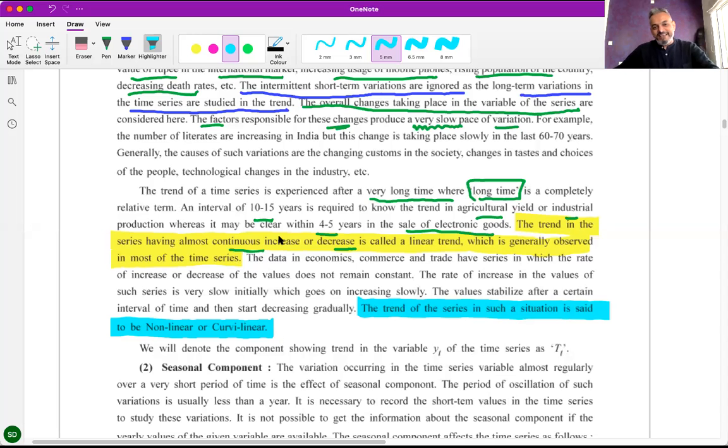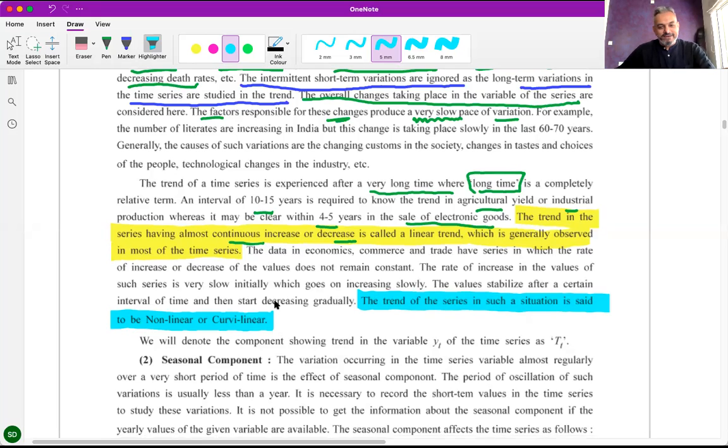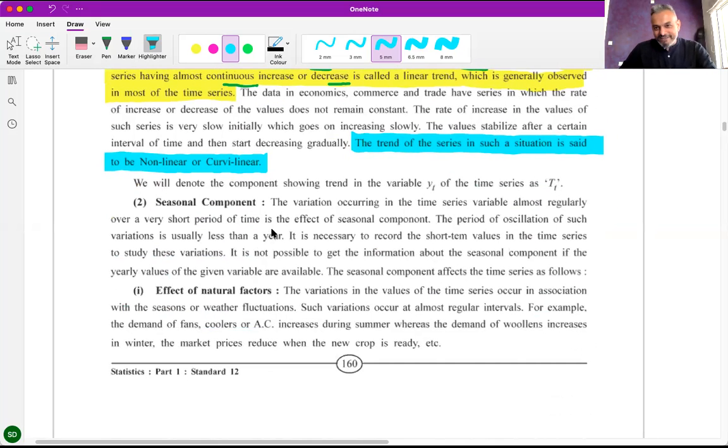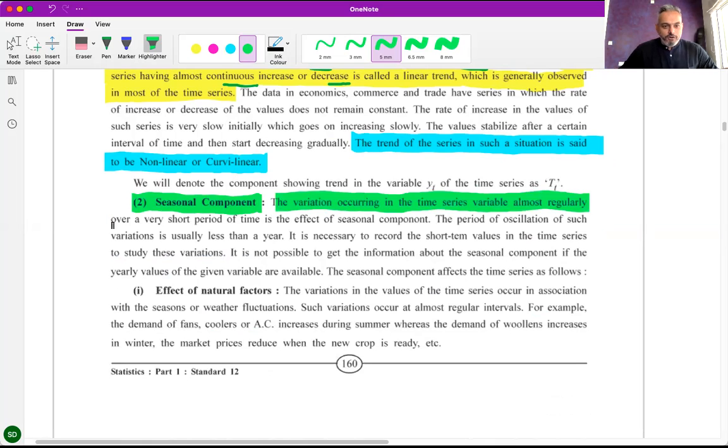Now, seasonal component. These are relatively smaller theoretical information available to us. Seasonal component: the variation occurring in the time series variable almost regularly over a very short period of time is the effect of seasonal component.